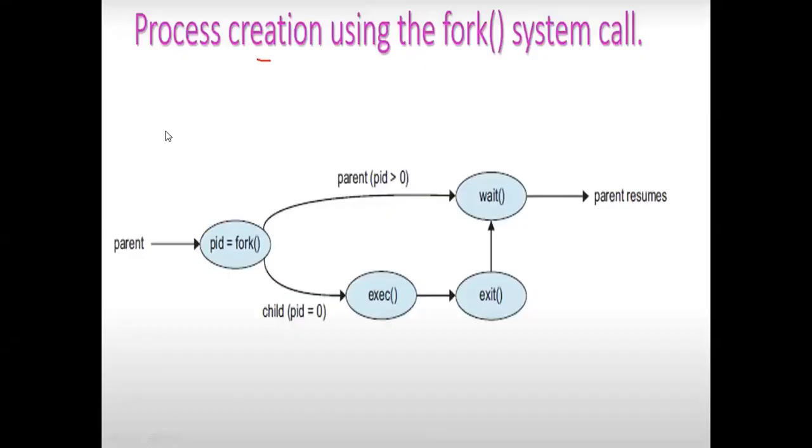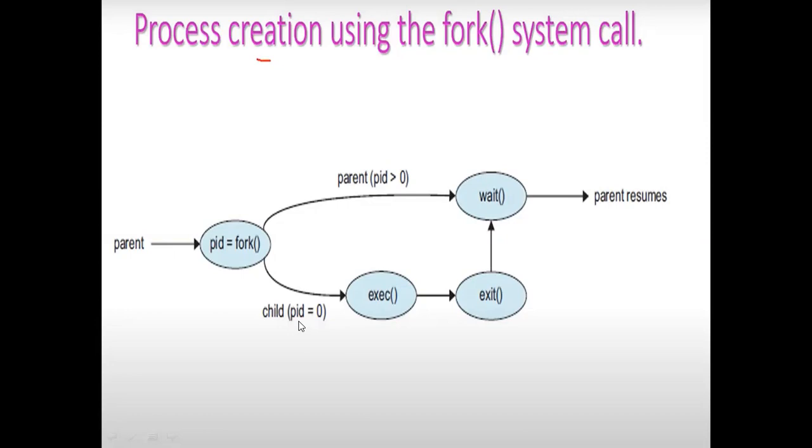Here you can see that whenever the parent process creates the child process, the child process is created using the fork system call. Each and every process has a PID value, that is, the process ID.